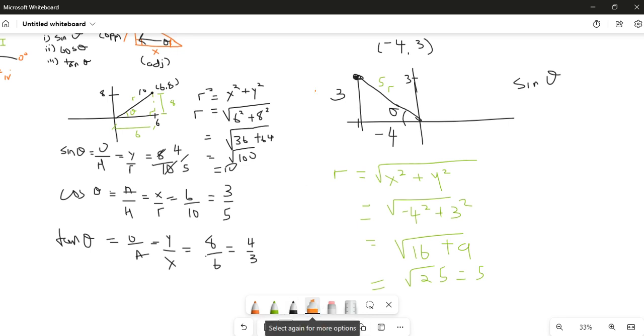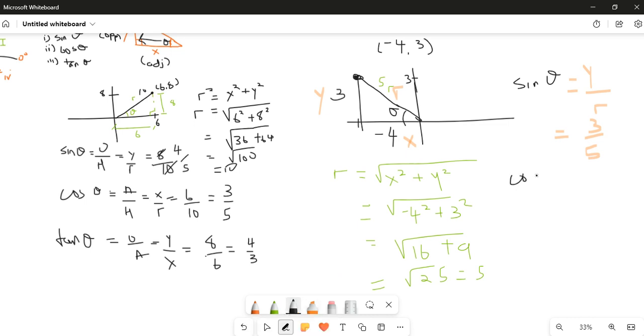Here we can just write y, x, and r. Sine theta is opposite, which is y, over hypotenuse, r. y is 3, our hypotenuse is 5. So sine, as you can see, is positive.